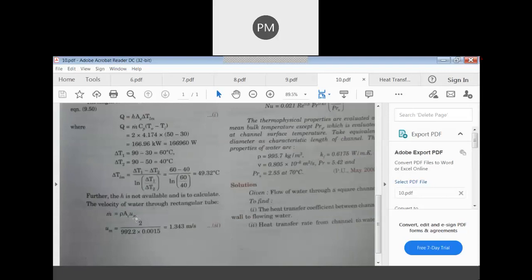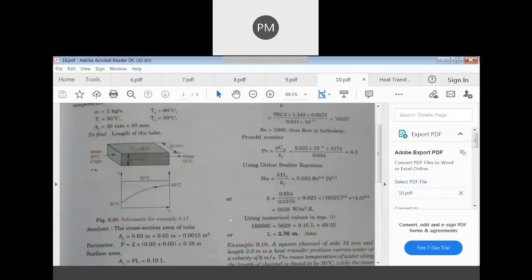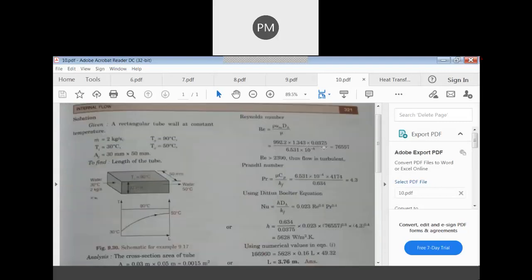You can also use 4 m by pi d. So they have calculated velocity using this formula: velocity is mass flow rate divided by rho times cross-section area. Everything you know, just substitute. Once you have the velocity, Reynolds number is rho into u into hydraulic diameter divided by mu. Hydraulic diameter also has been calculated.